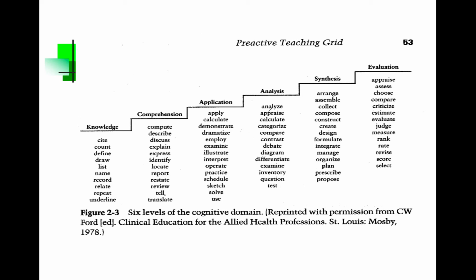Can they appraise their knowledge? Can they assess their knowledge? Can the person measure the amount of success or rate the knowledge and the application of that knowledge? You can see there are lots of levels in between, but as you go from left to right, you go from simple to more complex.